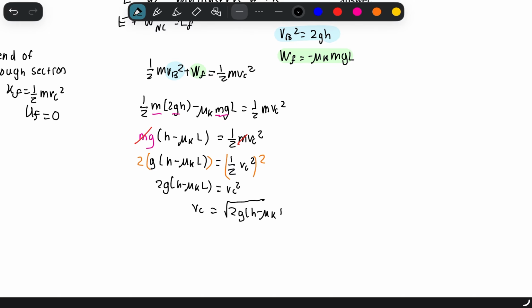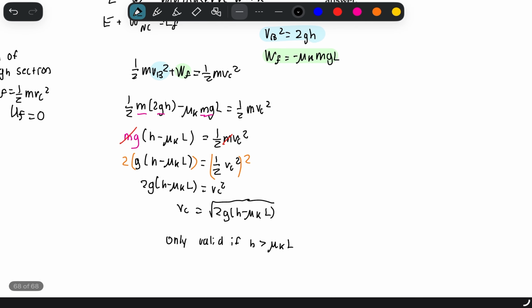And then we have vc is equal to the root of 2g times h minus mu k times l. This is only valid if our height is greater than mu k times l, because otherwise you would have h minus something that would make it negative, and you would be taking the square root of a negative. That would not work.